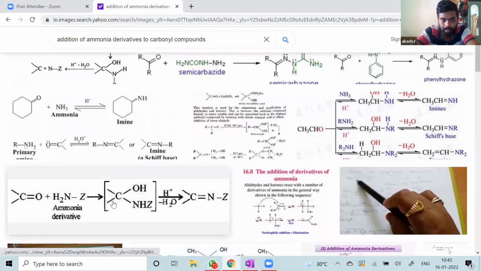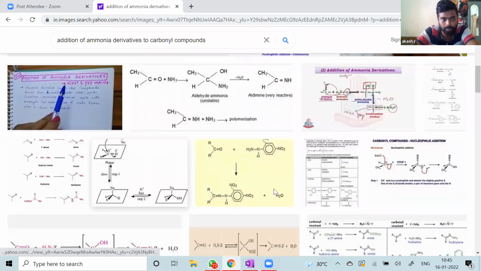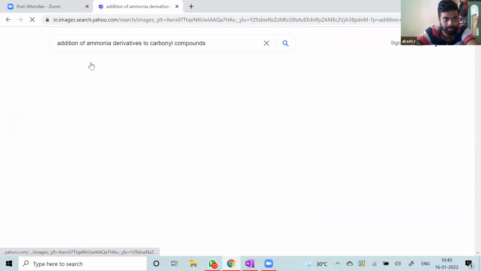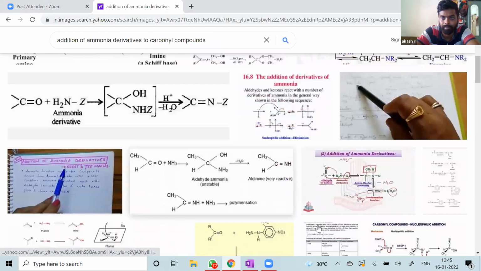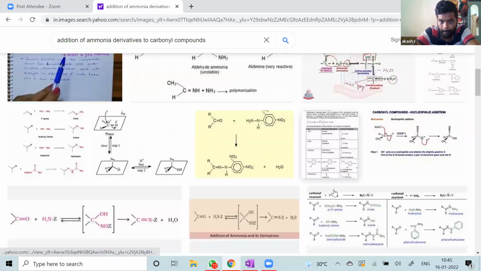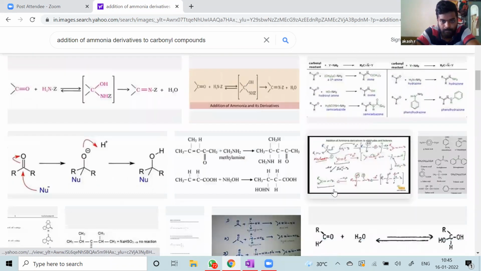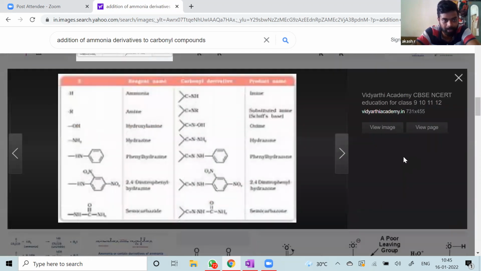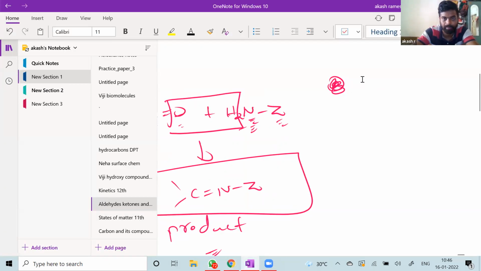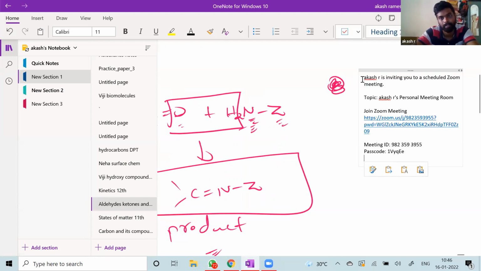I need a table. Anybody has a table? Please give me one. Oops, what happened? Yeah, this is exactly what I'm looking for. Let me Control C this. Let me see if I can mark it here. Not like this, not like this.